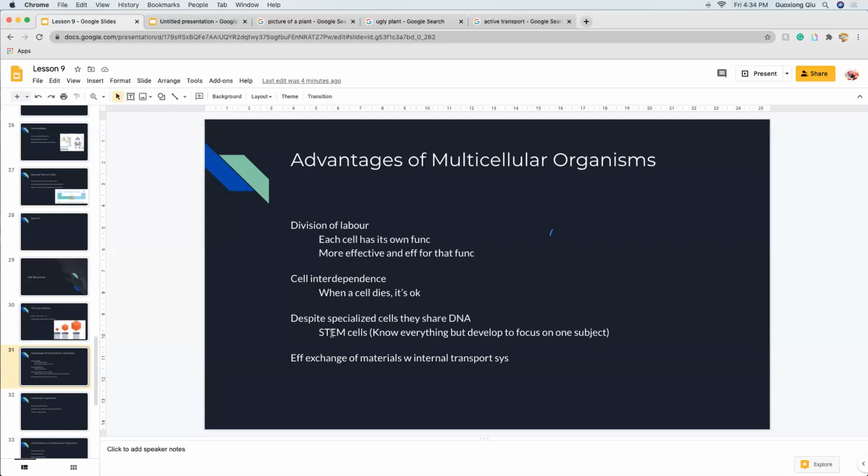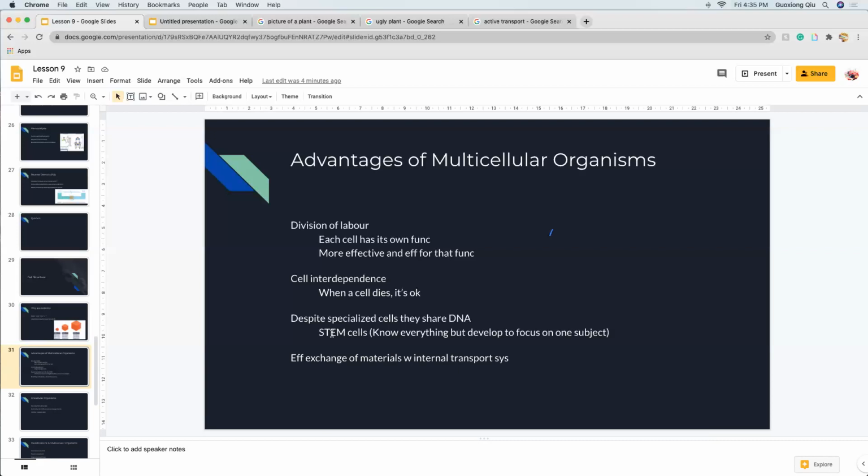Next, multicellular organisms allow for efficient exchange of materials with their internal transport system. So here, your circulatory system, which is your blood vessels and all that.